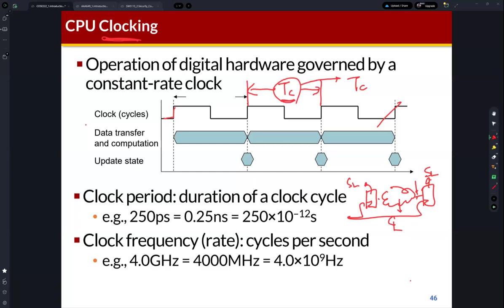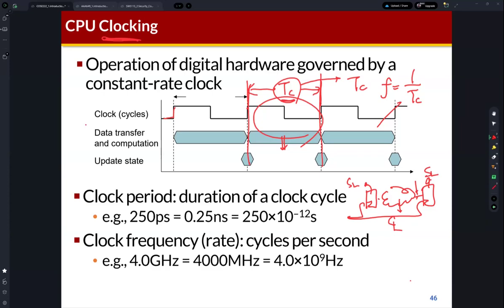Then what is the frequency? Frequency is the inverse of period. So we frequently use F for the frequency. F is 1 over Tc. So frequency represents the number of clock periods.